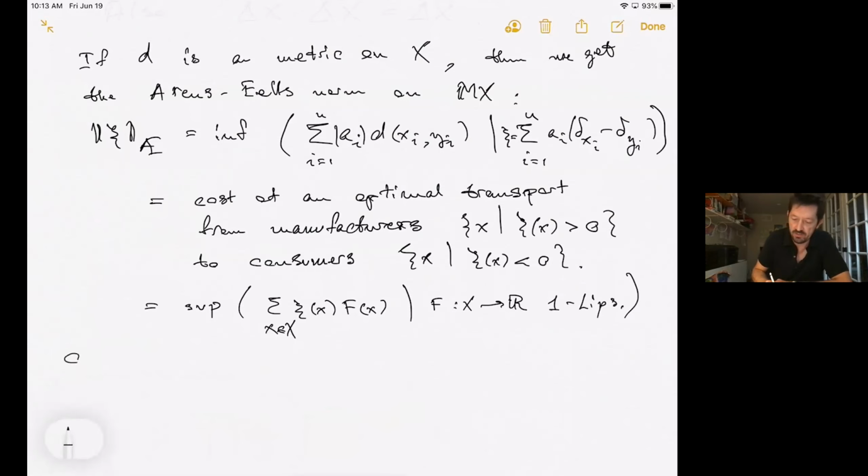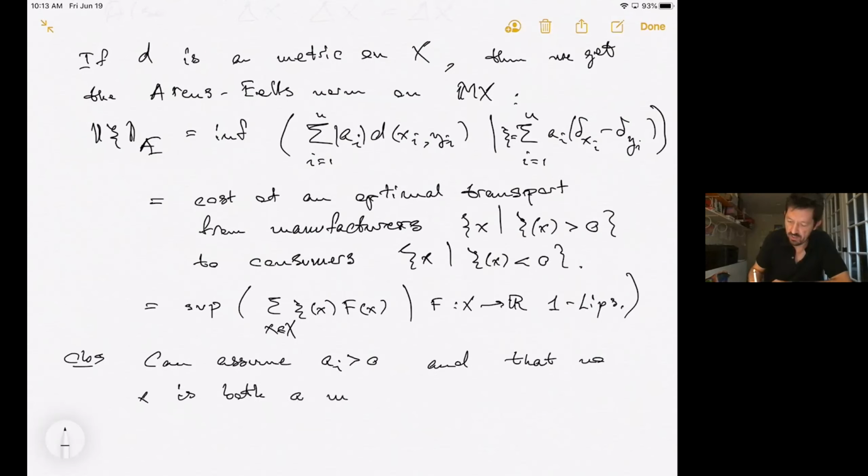You can say, okay, we can assume that the a_i are positive. If they're not positive, we can always switch the order of x_i and y_i. And you can also assume that no x is both a manufacturer and a consumer.